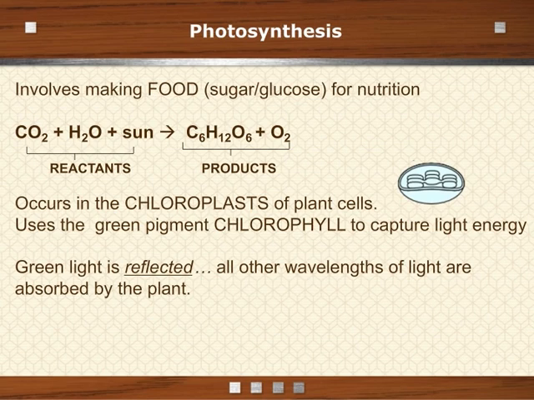These are the things that are going into the plant cell in order to allow the process to happen. On the right side of the equation, we have the products. There is a bracketed area on your graphic organizer that you need to label products. This is what is produced following the reaction of photosynthesis.